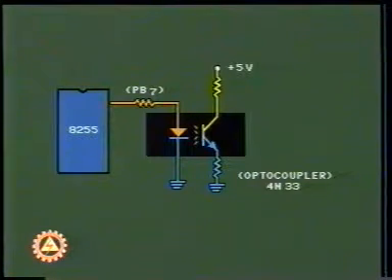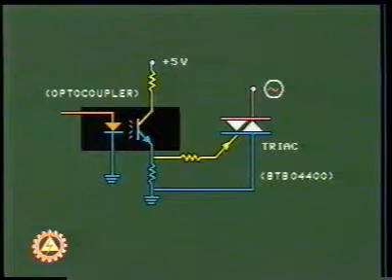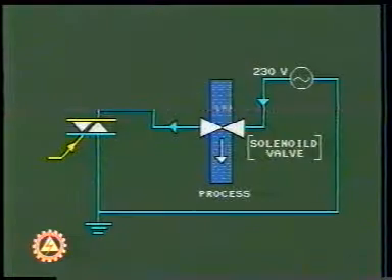The PB7 line of 8255 port B is connected to drive an optocoupler which provides isolation between digital and control circuit. The optocoupler activates a 400 volts 4 amperes triac, which in turn activates the solenoid valve.